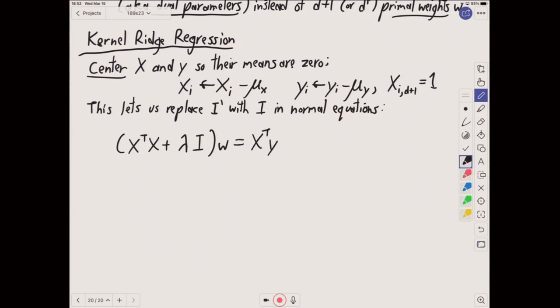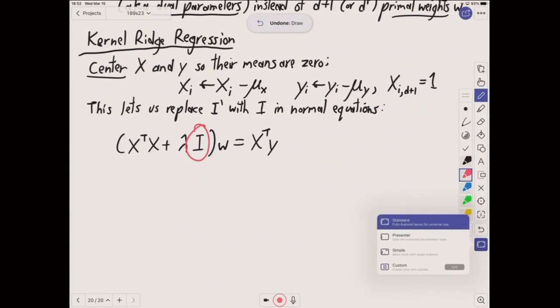So that's the ridge regression equation. You solve that equation for w. But I told you before that we should use not the identity matrix, but a modified identity matrix where we put a 0 at the very bottom right so that we don't penalize the bias term. Well, now, unfortunately, we have to penalize the bias term, so that's what we're going to do. We just have I here instead of I prime, the standard identity matrix.